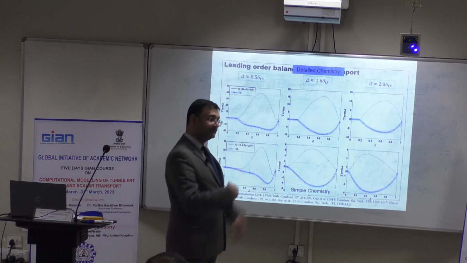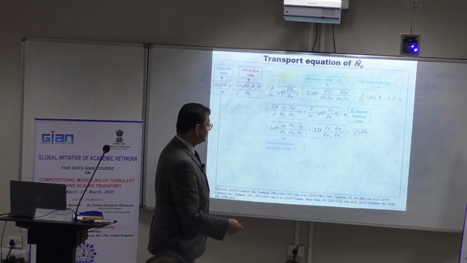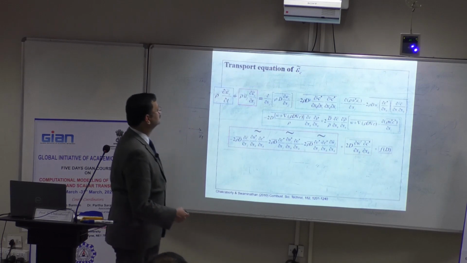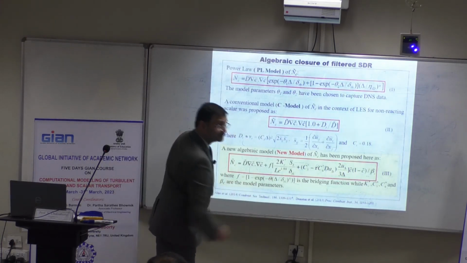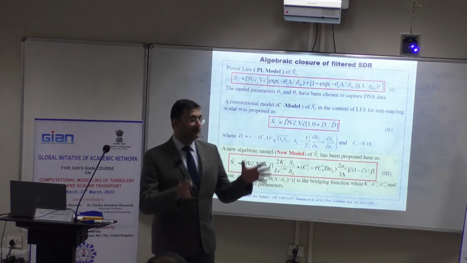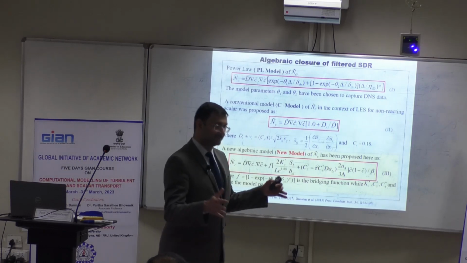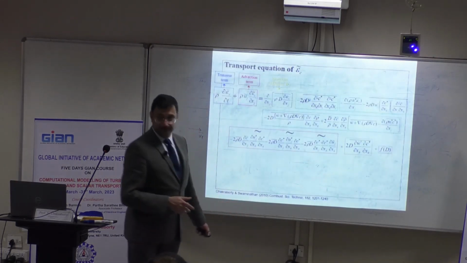So I can invoke that to justify why I am putting this expression here, because this expression was originally derived based on the leading order balance of the terms in the scalar dissipation rate transport equation.